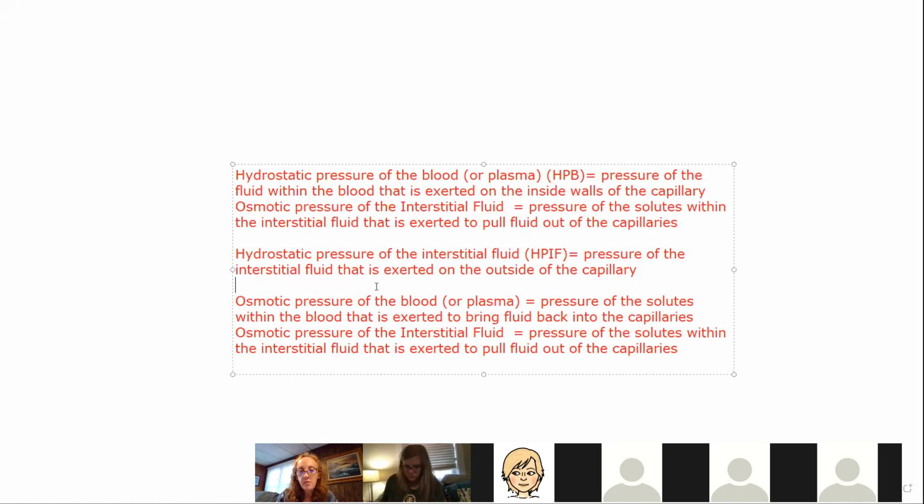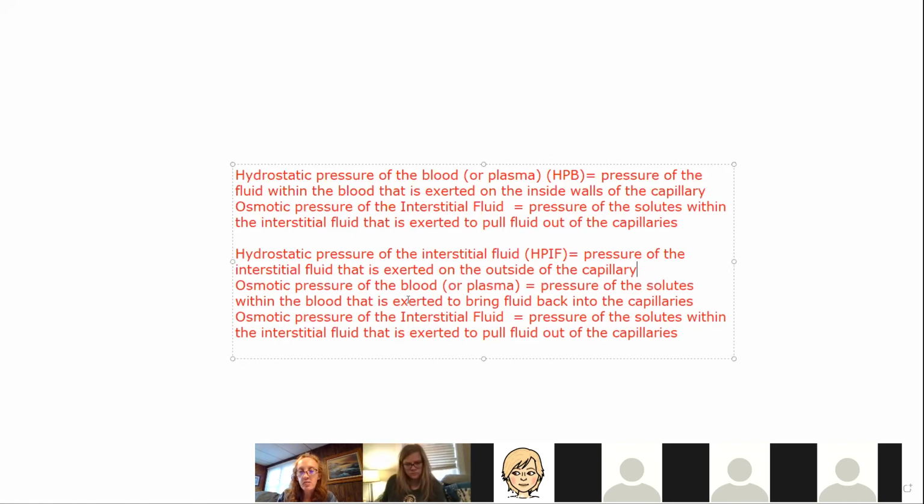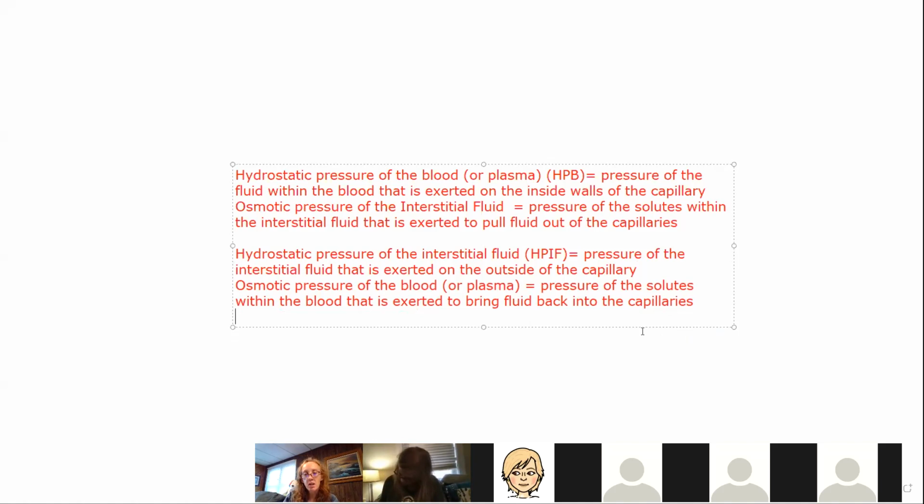The hydrostatic pressure of the interstitial fluid and the osmotic pressure of the blood are both working to pull it back in to the capillaries. Is that clear? So I'm gonna change just a few words here.